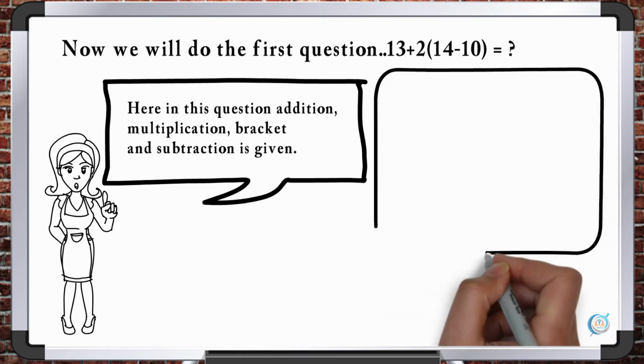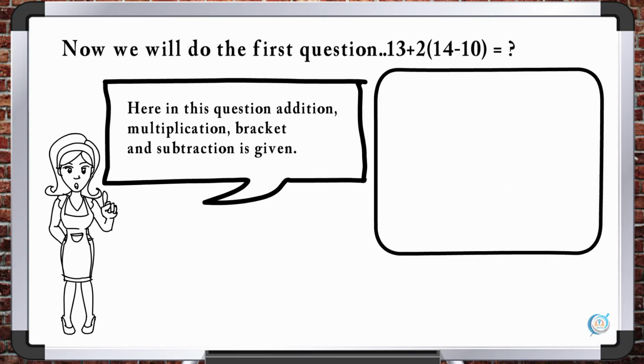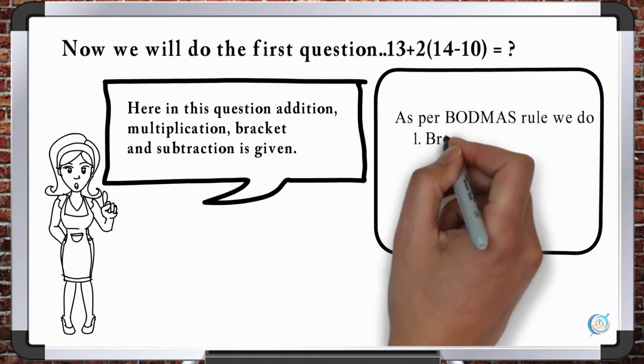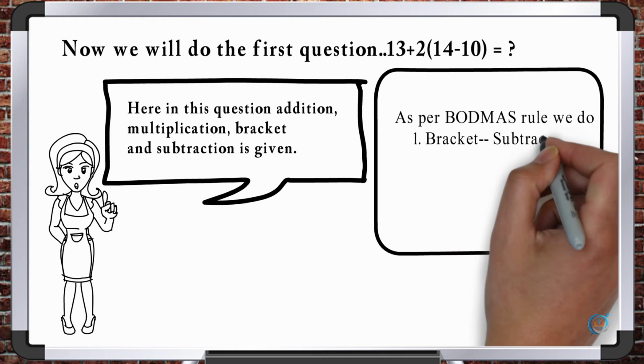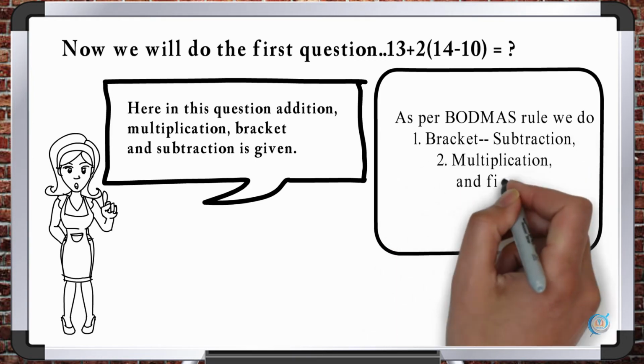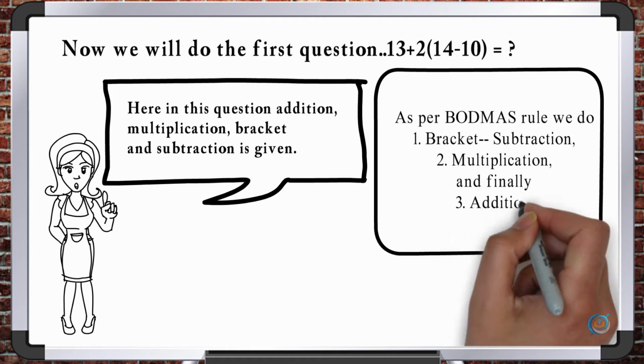Here the multiplication symbol is not there, but it is 2 into 14 minus 10. So as per the BODMAS rule, we need to do the bracket first, and inside the bracket subtraction is given, and second multiplication, and then finally addition.